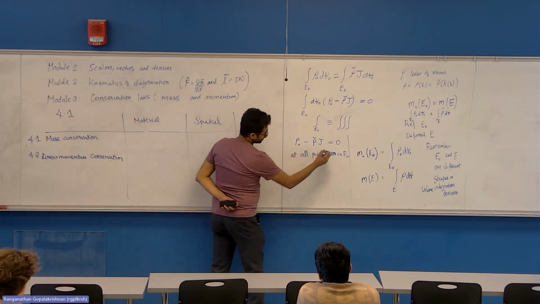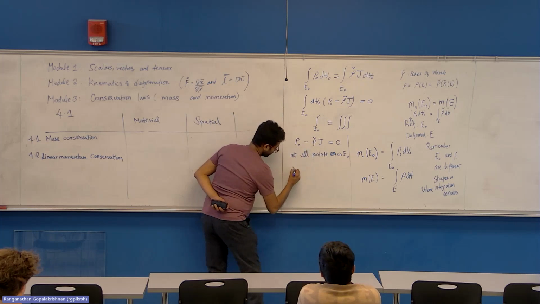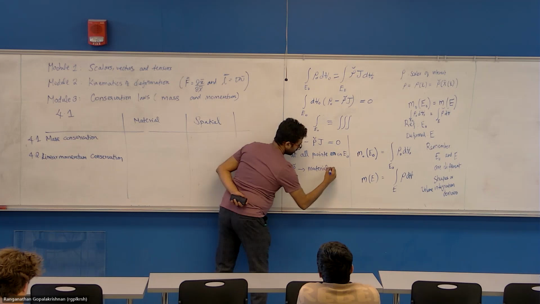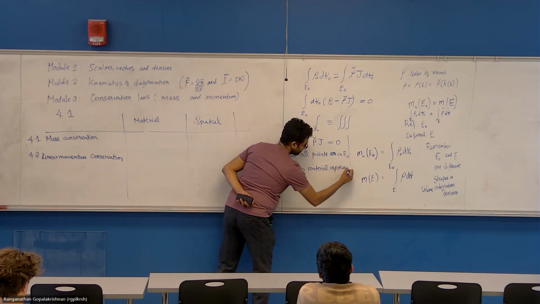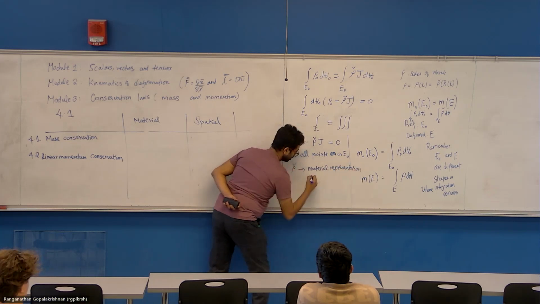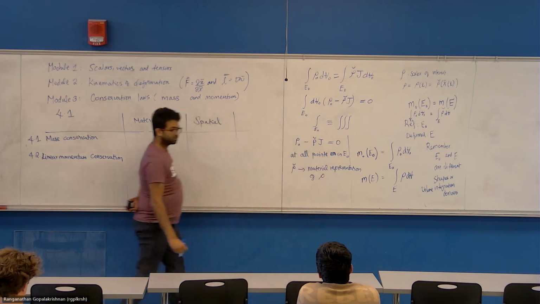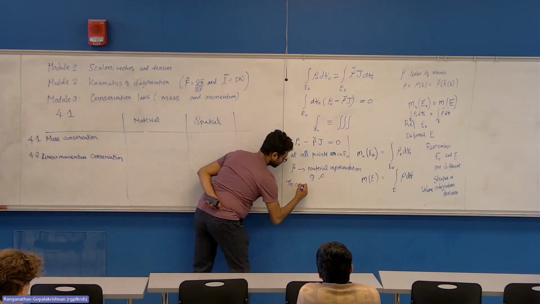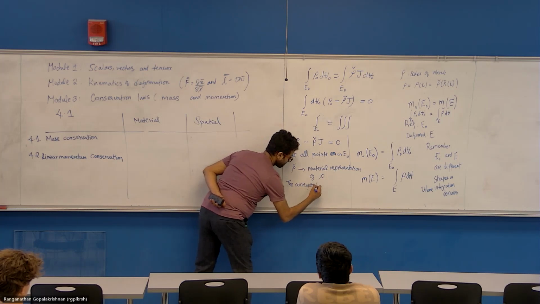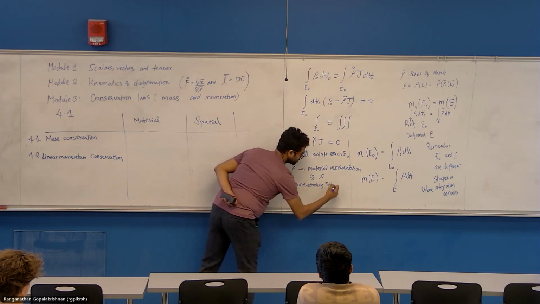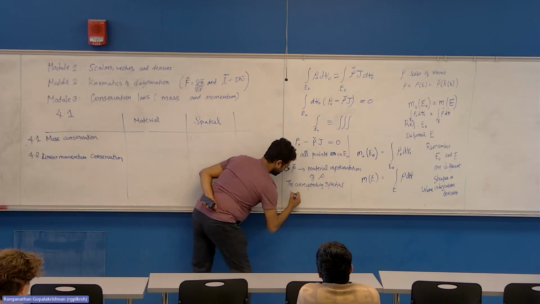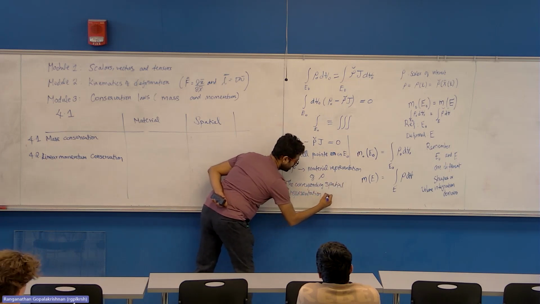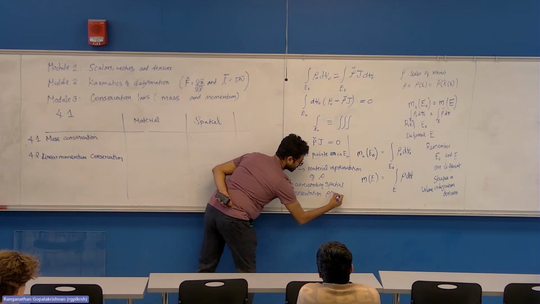So this rho tilde is a material representation of rho. The corresponding spatial representation would be rho of x.